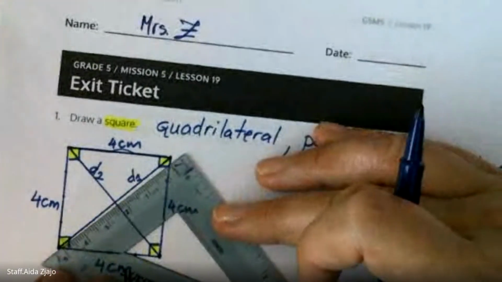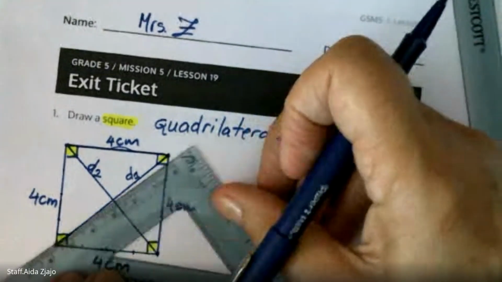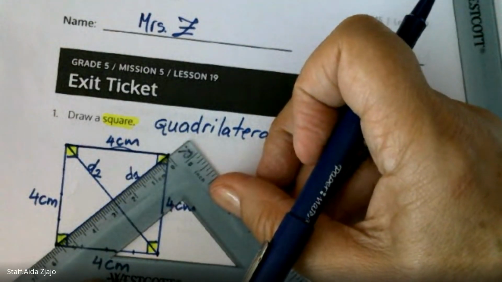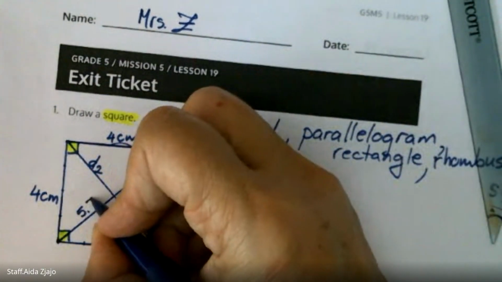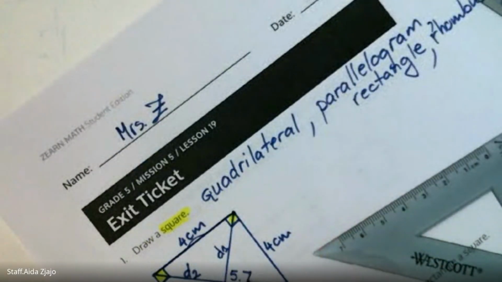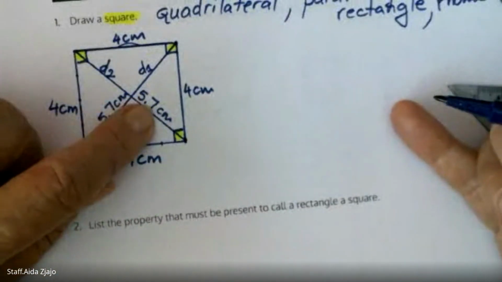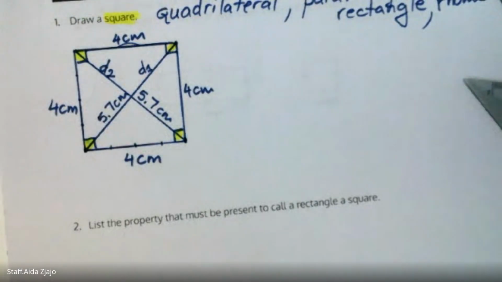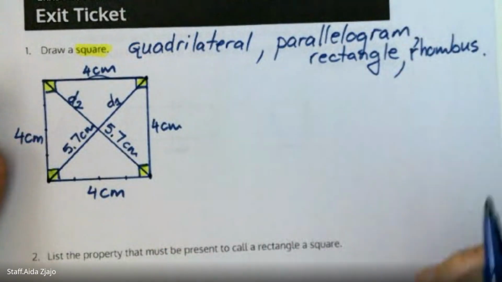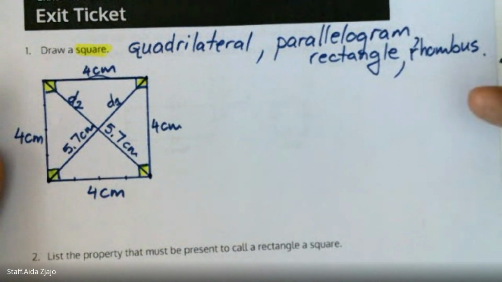And let me see this one also. Okay, it's 5.7 centimeters. So 5.7 cm and 5.7 cm. What that means is 5 whole centimeters and 7 more millimeters. So that is a square.